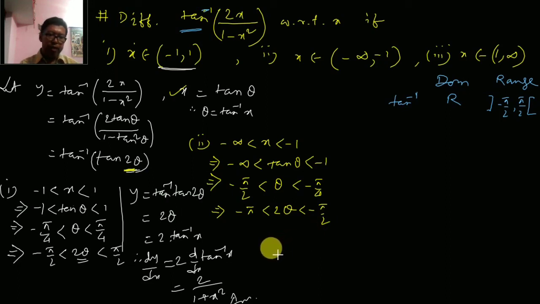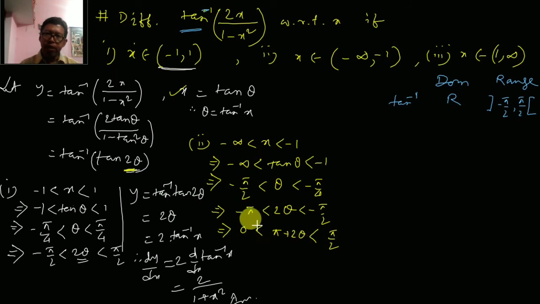So you have to adjust the angle, because you have to attain this range or a part of this range. So better you do this one. You can write it as 0 less than pi plus 2 theta less than pi plus minus pi by 2, that is only pi by 2.